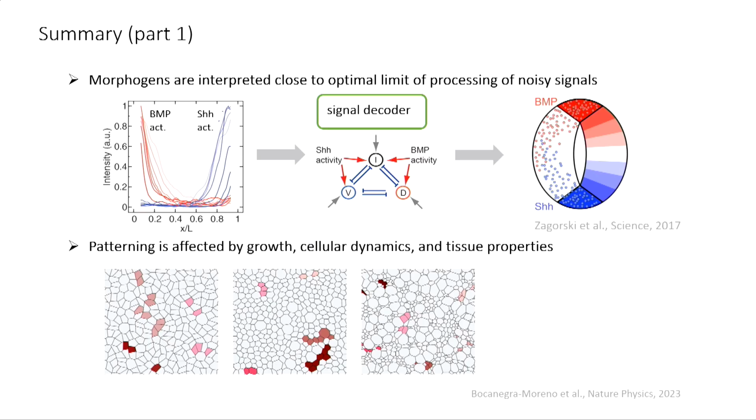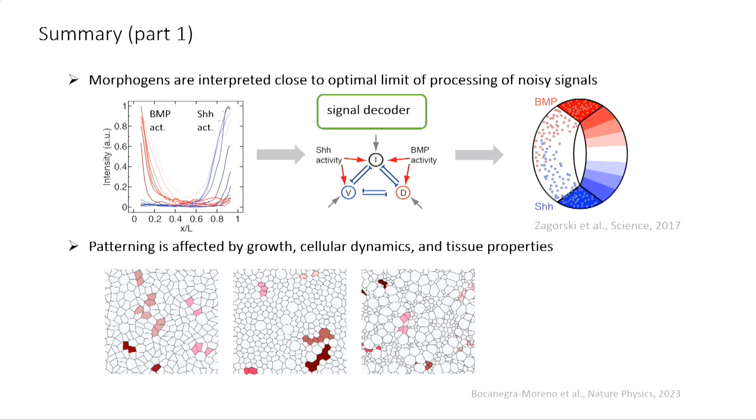And to sum up, I covered plenty of aspects of pattern formation. One of them is the signaling part, and in my work, and also in the works of others like Gasper, Thomas Gregor, Petkova, Erik Wischhaus, Białek, it seems like the signal is decoded in an optimal way.